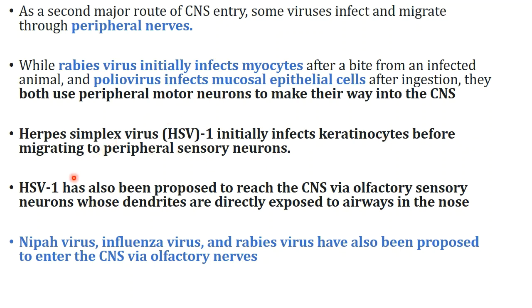So, herpes simplex virus 1 has been proposed to reach the CNS via the olfactory sensory neurons, whose dendrites are directly exposed to the airways in the nose. Nipah virus, influenza virus, and rabies virus have also been proposed to enter the CNS via the olfactory nerves.